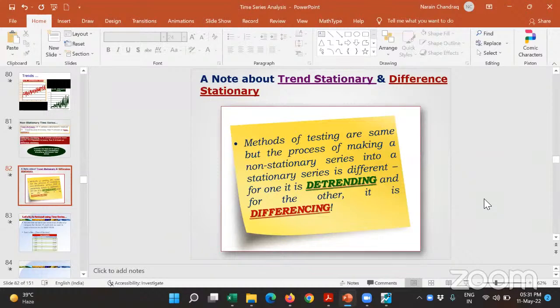And you should always be running a regression or doing your data analysis only on the stationary data set and not on the non-stationary data set.